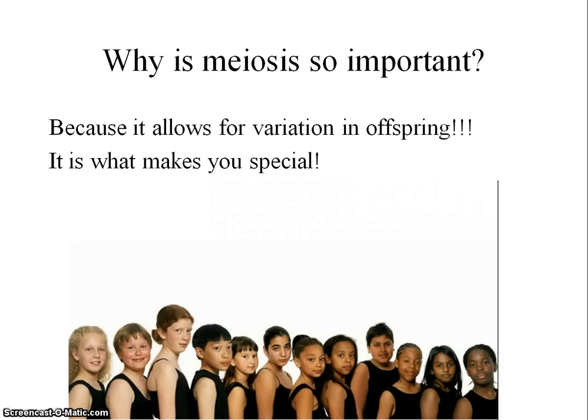All the variation you see occurs because of meiosis. Not only are you a combination of genes from your mother and your father, you're a unique combination of those genes. So even if you have 12 brothers and sisters, you're all going to be slightly different. And there's a reason for that.